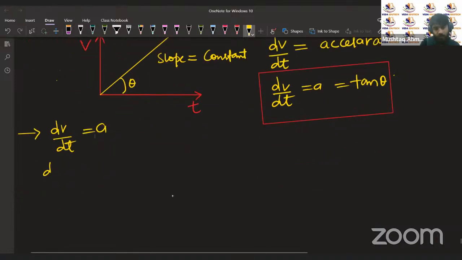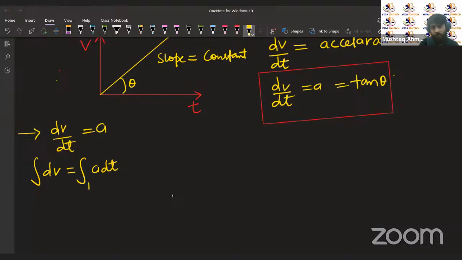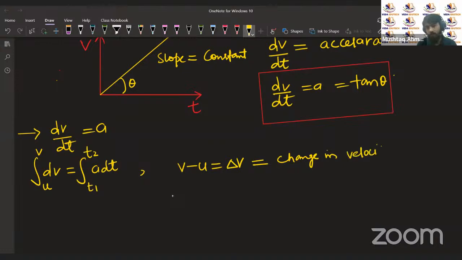We can shift this dt to the RHS, and if we integrate on both sides, let's suppose at time t1 and time t2 the velocity was u and the final velocity is v. Integrating, we get v minus u, that's delta v, the change in velocity, equal to the integral of a dt.